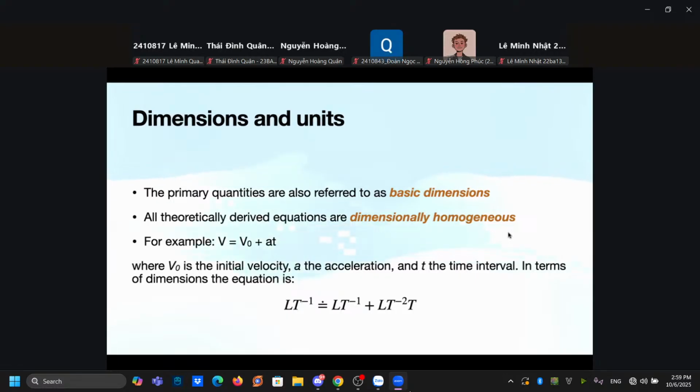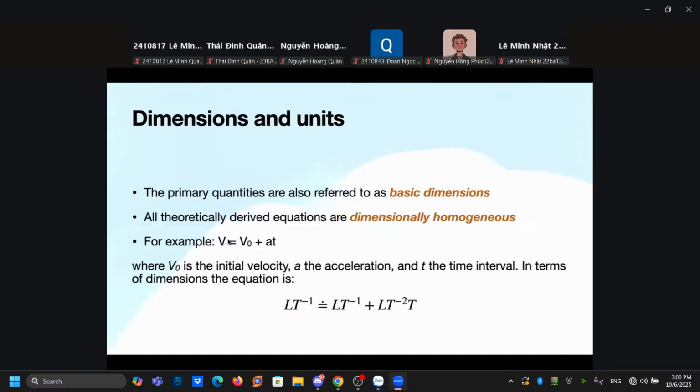For example, you can see the basic equation of motion with constant acceleration: velocity at time t equals initial velocity plus acceleration multiplied by time t.